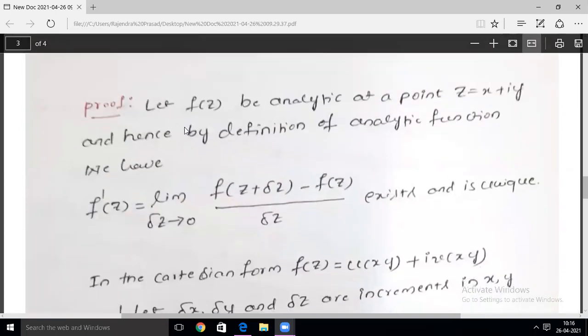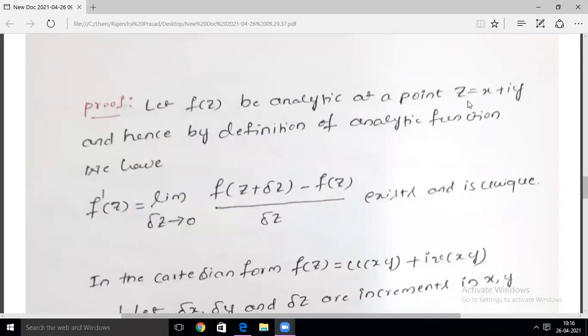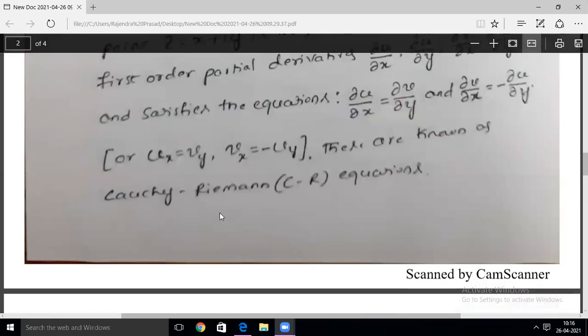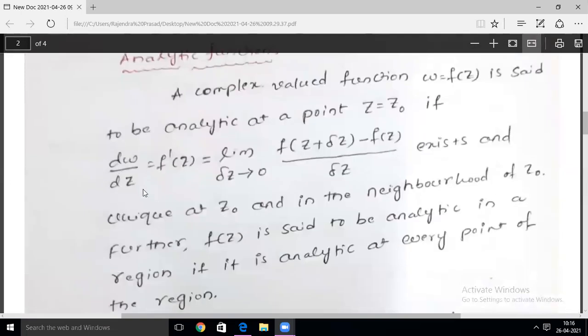In the proof, what do we take? Let f of z be analytic at a point z is equal to x plus iy, and hence by definition of analytic function we have dw upon dz or f dash of z, which is equal to this one, right.